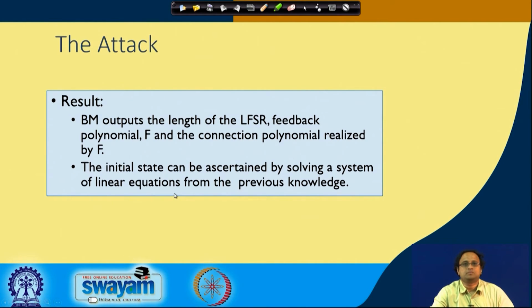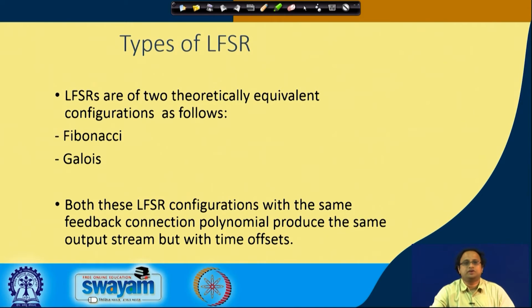Okay. So we can try to reflect on this point a little bit further based on the fact that there are two types of linear feedback shift registers. One is what we have just seen, what is called a Fibonacci LFSR, and there is another class of LFSR which is called the Galois LFSR.